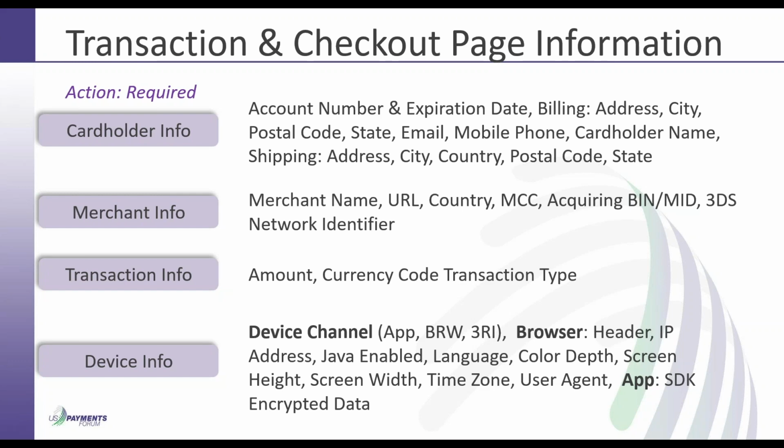Those will all be incremental data passed in the message. The third subcategory is transaction information. That's the amount of what's being purchased, the currency, and a transaction type indicating what type of transaction this may be.